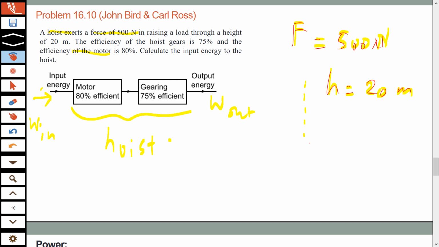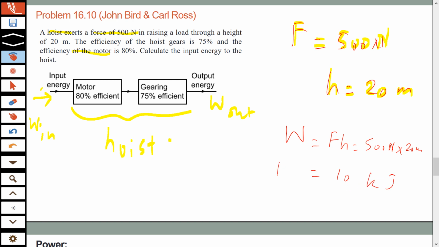So the work done on the load is F times H, and that is 500 newtons times 20 meters, which is 10,000 joules. You can also say 10 kilojoules.